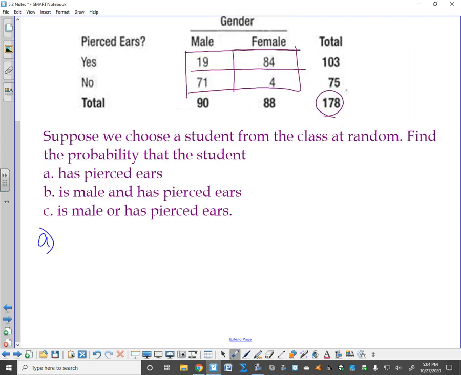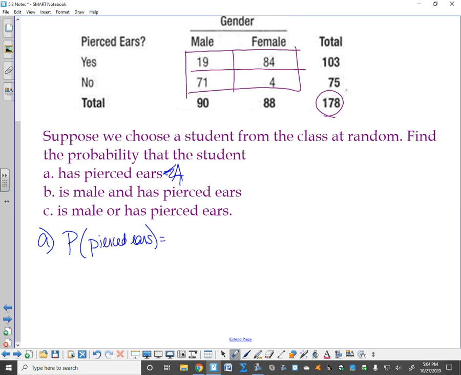All right, and again, we're not just focused on the answers. I mean, we are, but we are focused on our notation. So, probability of pierced ears, and we have not defined any events here, like we're not calling anything A. So I'm just going to write it out. Probability of pierced ears.